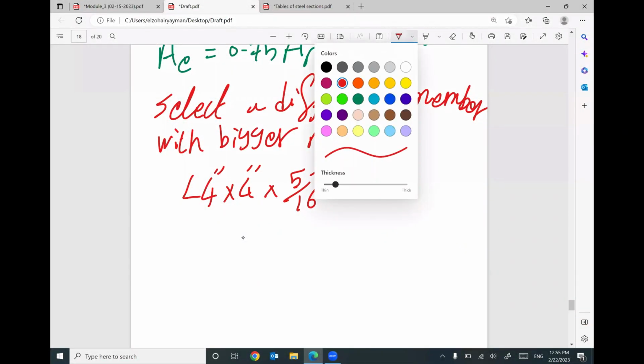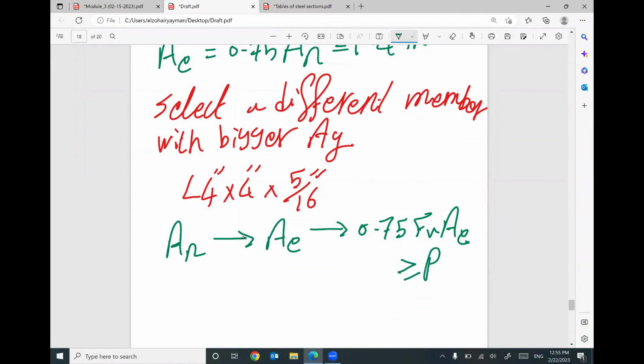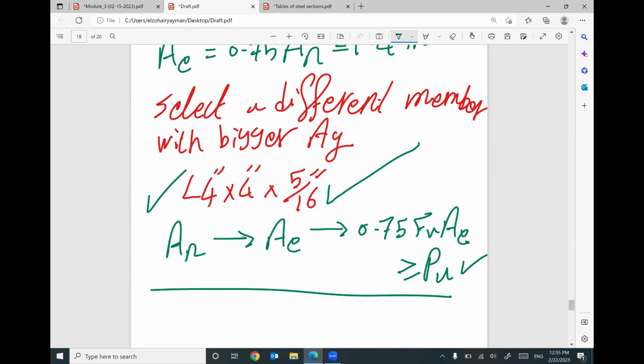Go ahead and find your area net, area effective, and make sure 0.75 F ultimate area effective is greater than or equal P ultimate. If it is, okay, your selected member will be good. If it's not, go ahead and try another bigger member. Does that make sense? But I think this one will be safe. This is how to design. So I highly recommend it.